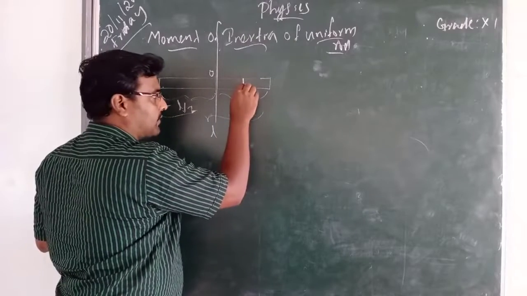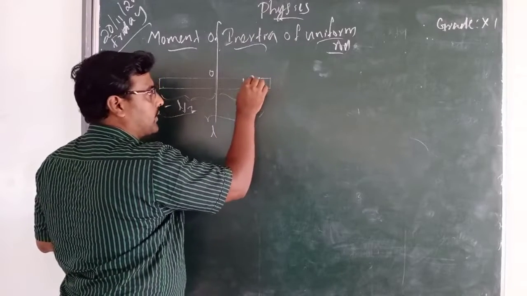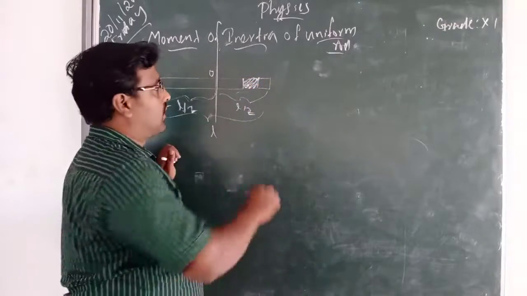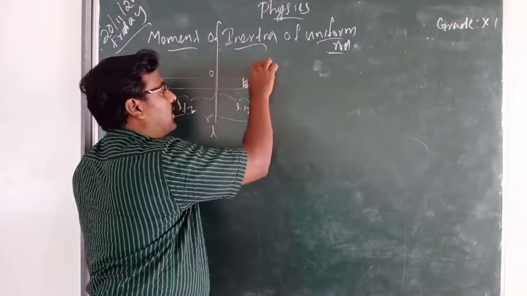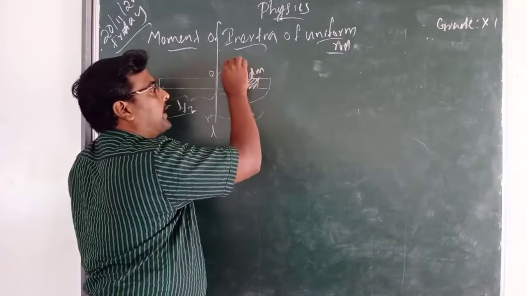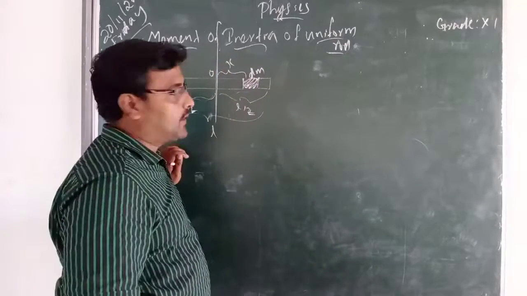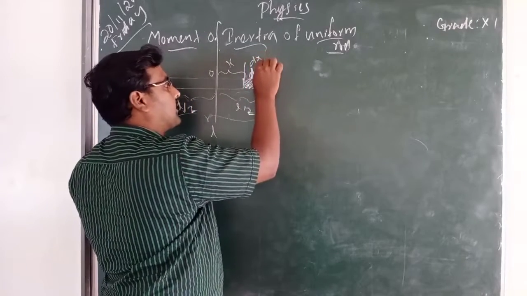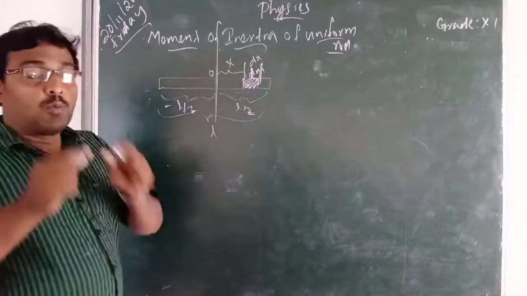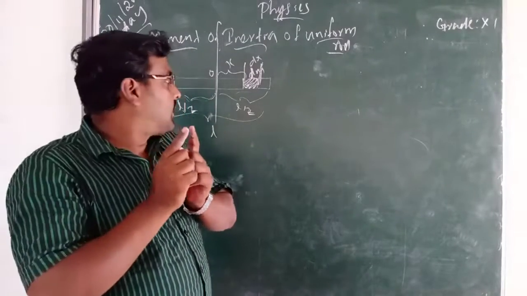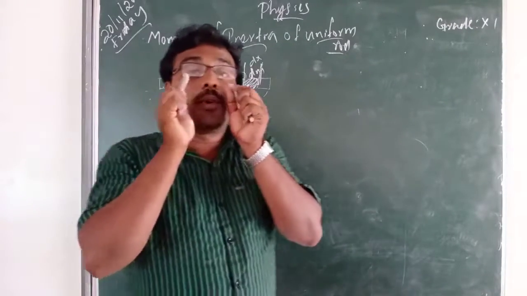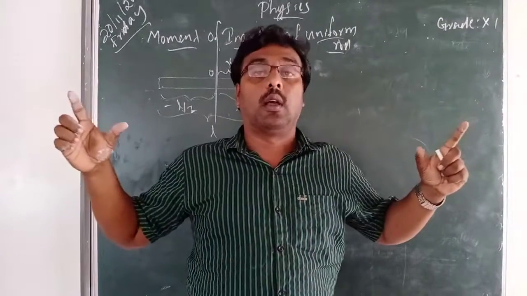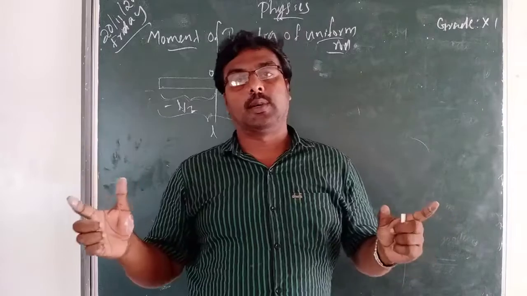Here we are choosing a small part. It has mass dm at a distance x, and its length is dx. We are choosing an infinitesimal mass from this big rod and finding its moment of inertia first.